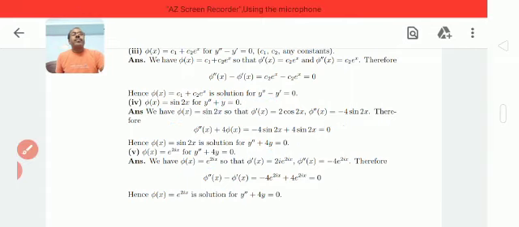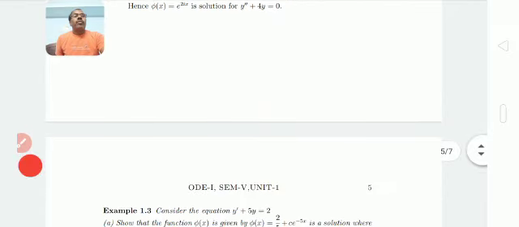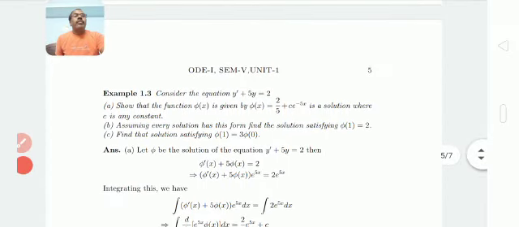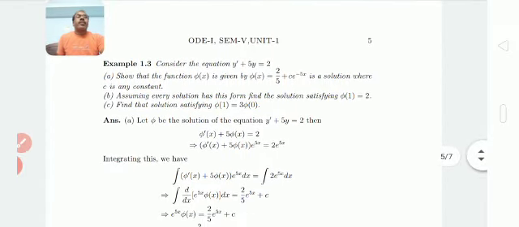Next, we consider one example with an initial condition, and with the help of this initial condition we will find the value of the arbitrary constant involved in the general solution of the given differential equation.